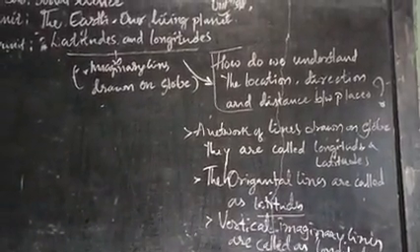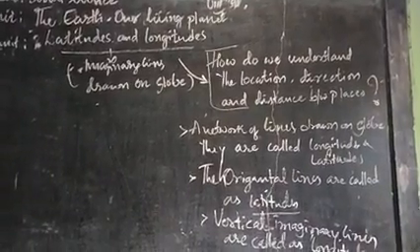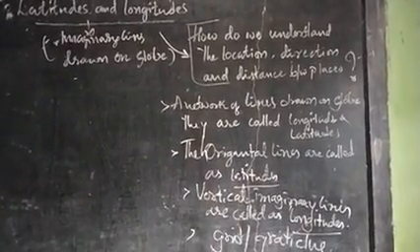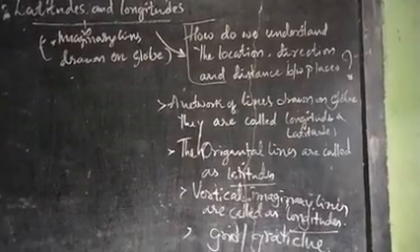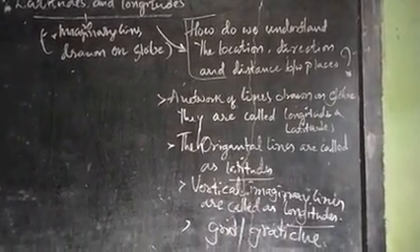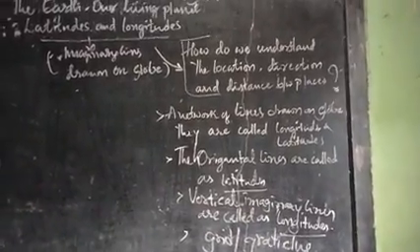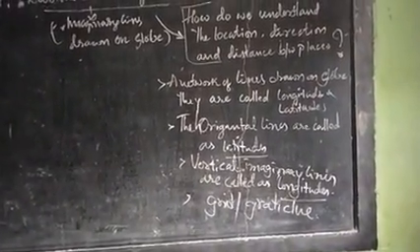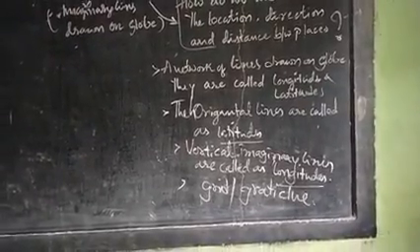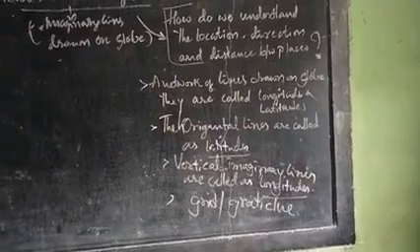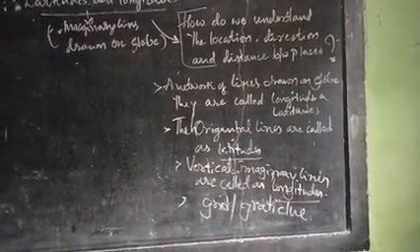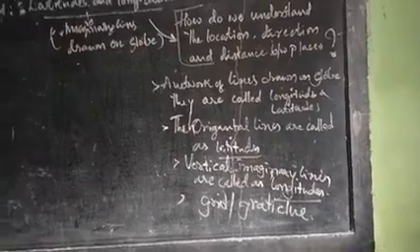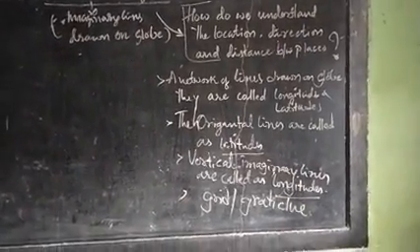See, dear students, latitudes and longitudes are imaginary lines drawn on the globe. How do we understand the location, direction and distance of the places with the help of latitudes and longitudes? A network of lines drawn on a globe is called latitudes and longitudes. The horizontal lines drawn on the globe are known as latitudes.